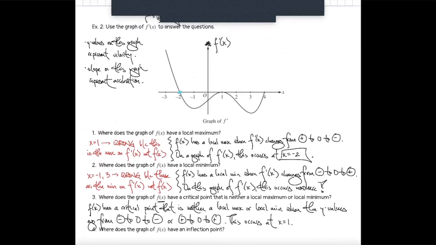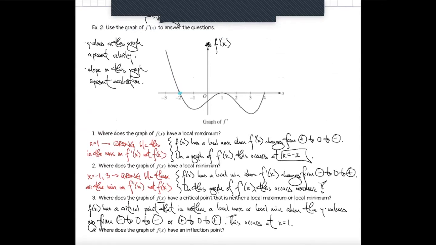So we are going to pause there for today, okay? But I would highly encourage you to think about this more, all right? Because it is very much something that messes with your brain. I'm literally telling you that this point right here is not a local maximum on f of x.